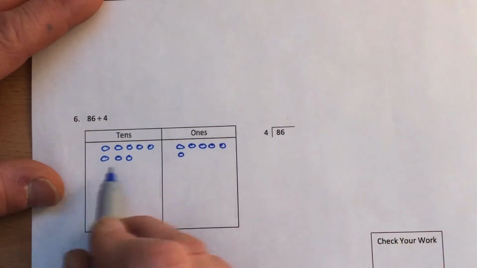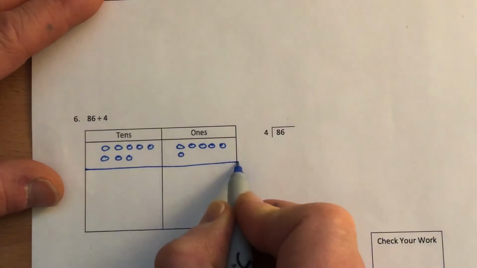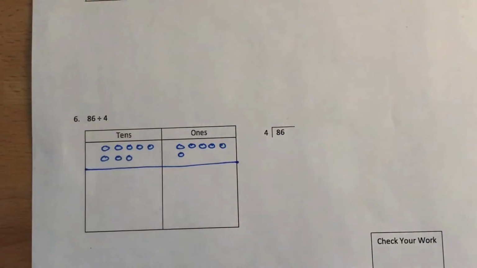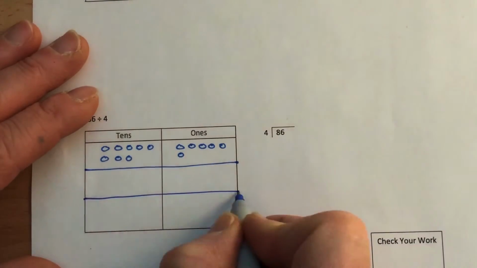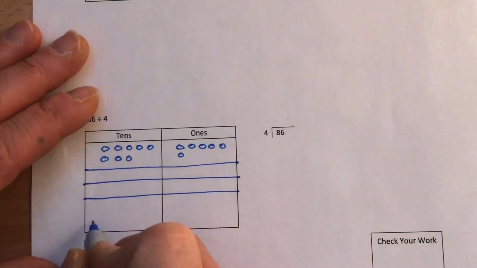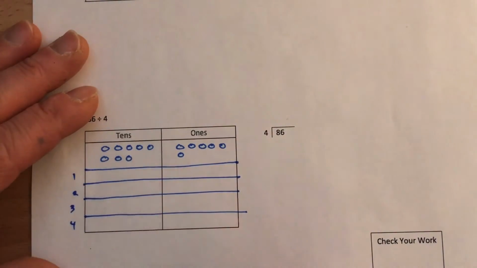I'm dividing both of these place values by 4. So let me get that done. Draw a line there. And then I split this into fourths. 4 sections. 1, 2, 3, 4.